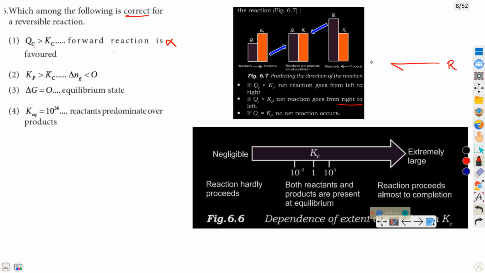That means backward reaction takes place. Kp greater than Kc, delta N value less than 0. No, wrong. Delta N value less than 0, then Kp is less than Kc. Delta G is equal to 0, equilibrium state. Third option correct. Even fourth option is also wrong only.